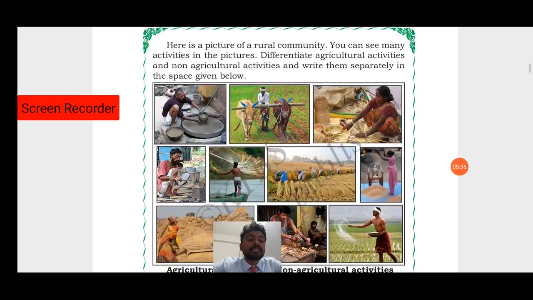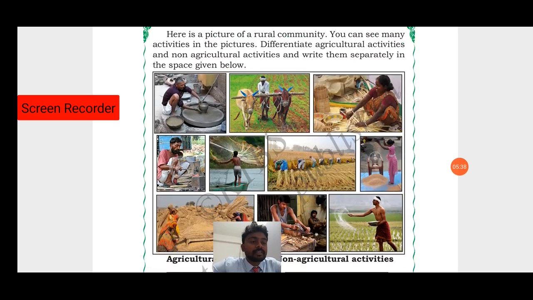You can see several pictures on your screen. So what is the question? Differentiate agriculture activities and non-agriculture activities. Write them separately in the space given below.